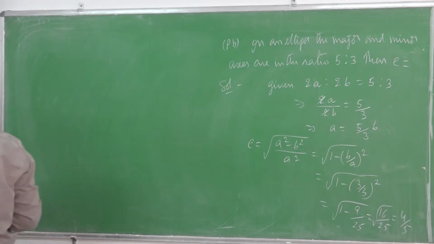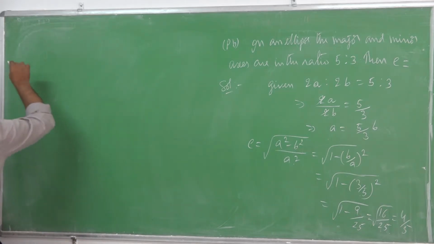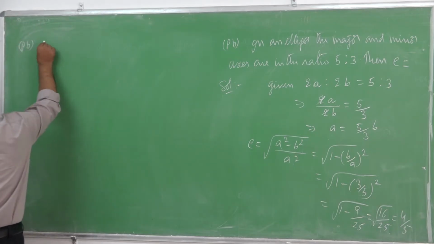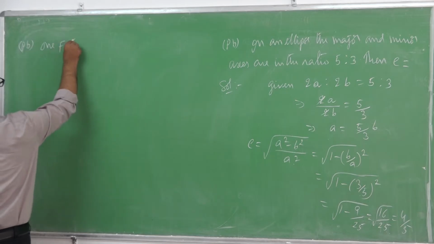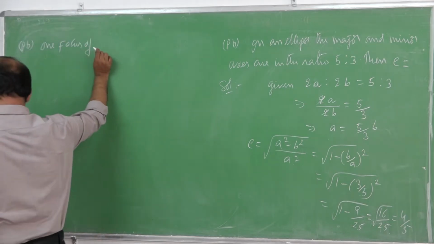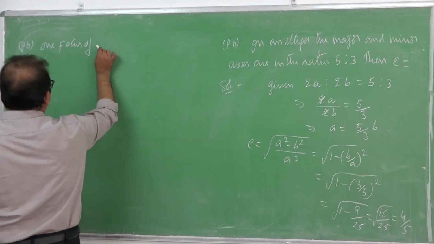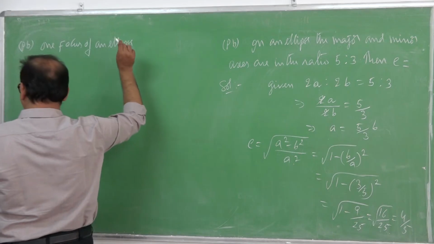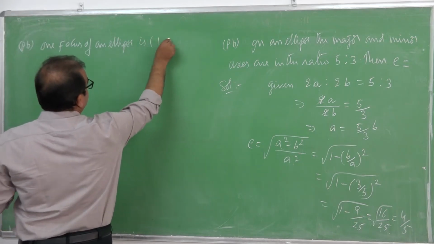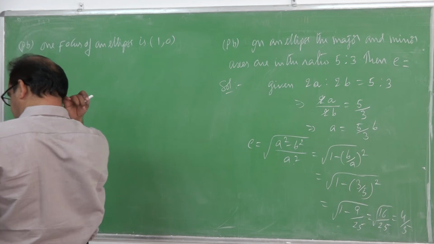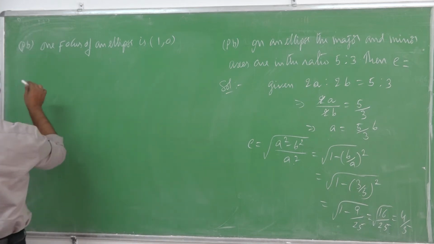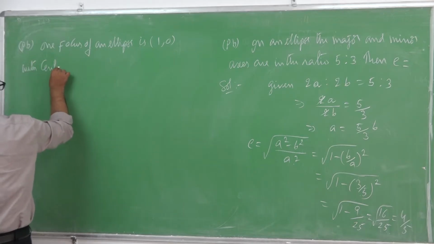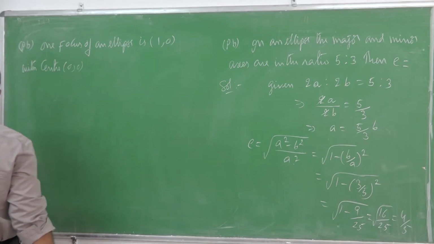Next, one focus of an ellipse is (1, 0) with center (0, 0).